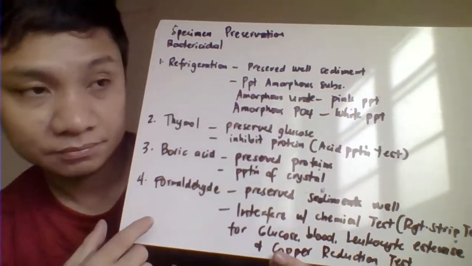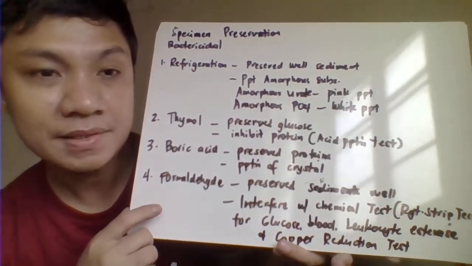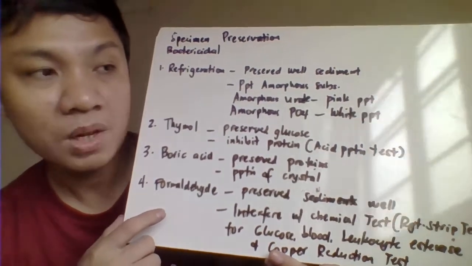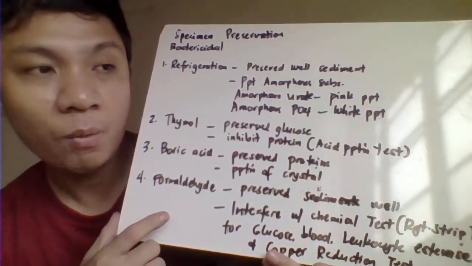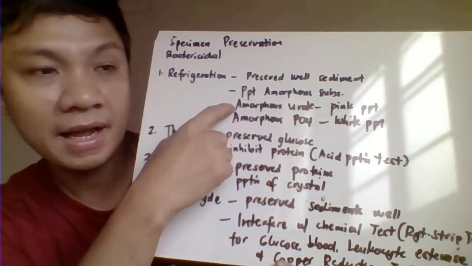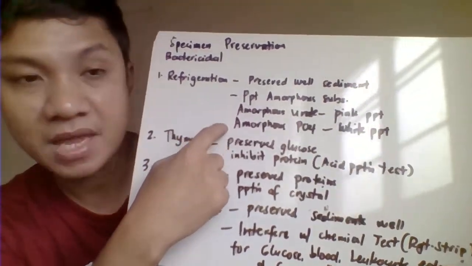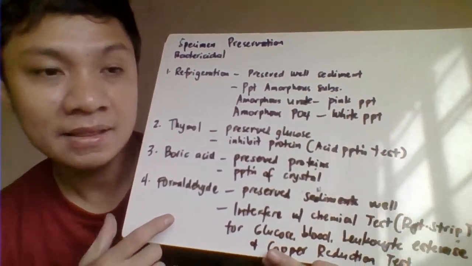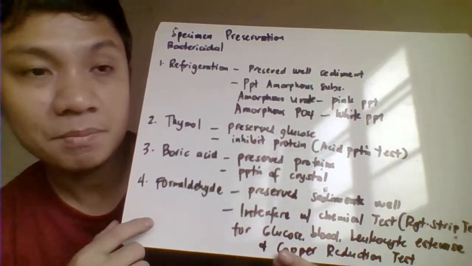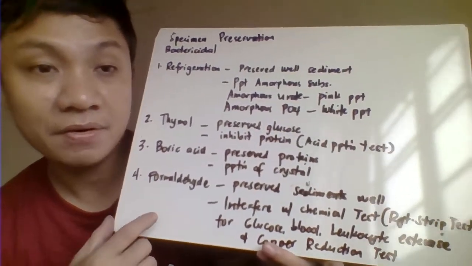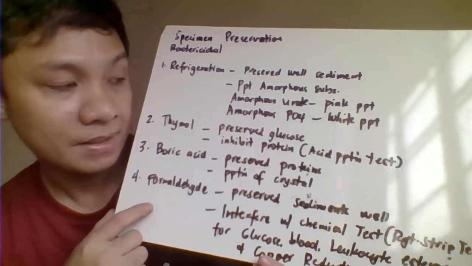Amorphous urate produces a pink na sediment, whereas the amorphous phosphate will produce a white precipitate. Amorphous urate pag ang pH mo ay acidic, amorphous phosphate pag ang pH natin ng urine natin ay alkaline. Again, these amorphous substances are precipitated only as a product of your refrigeration process.